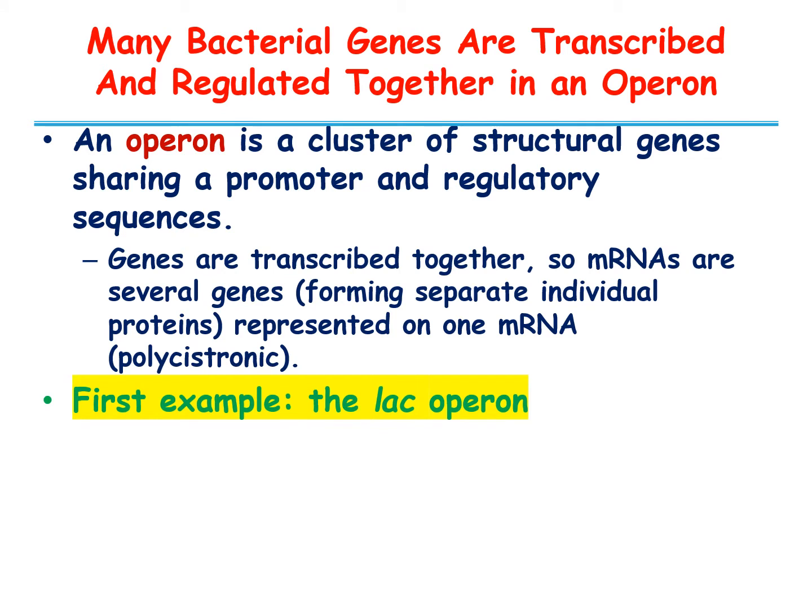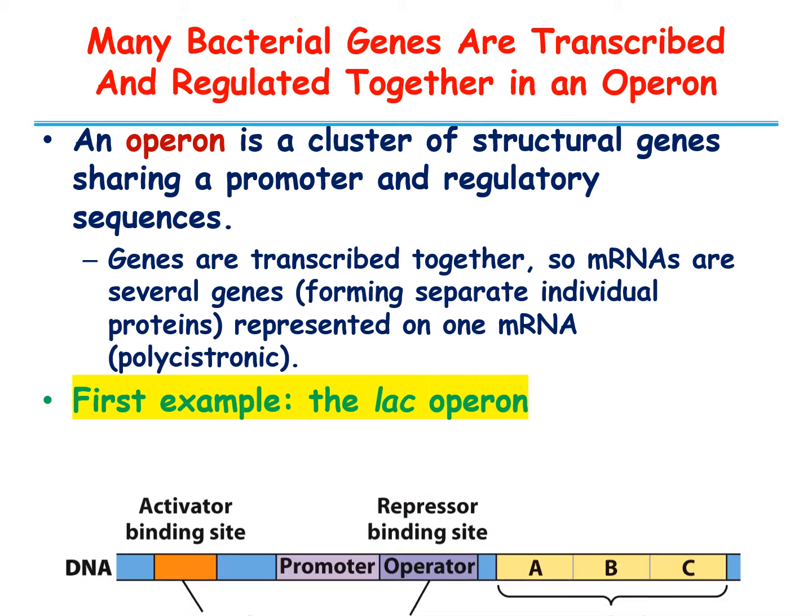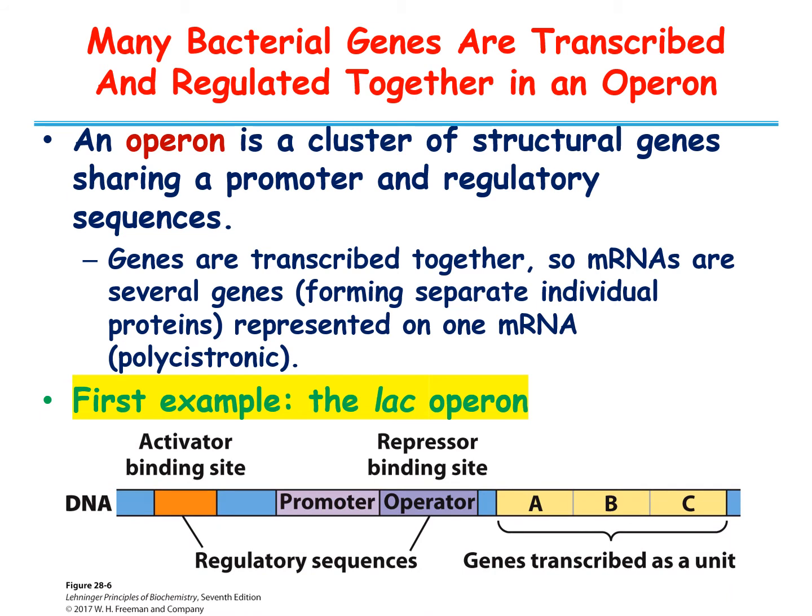The first example of the operon that was described, and the most illustrative example, which has helped us a lot in our understanding of gene regulation in bacteria, was the lac operon. This is a representative diagram of the lac operon. You can see that on the right side of the figure, 3 genes are represented by A, B, and C. These are the structural genes, and on the left side of the figure, you have the regulatory sequences in the form of the activator binding site, promoter, and operator.